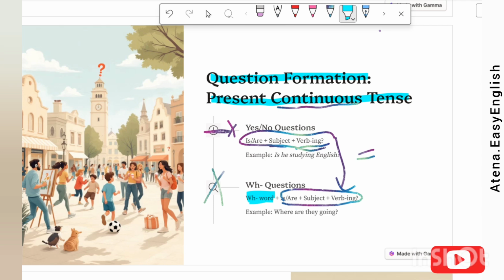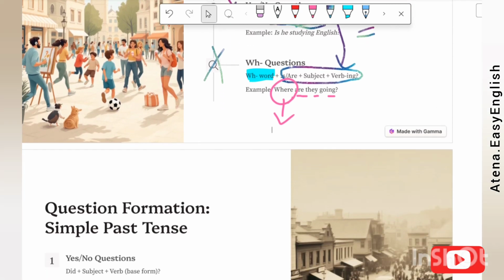Look at the example. Where are they going? Are they going? And the WH word comes at the beginning of the question. So this is how we form questions with present continuous tense.